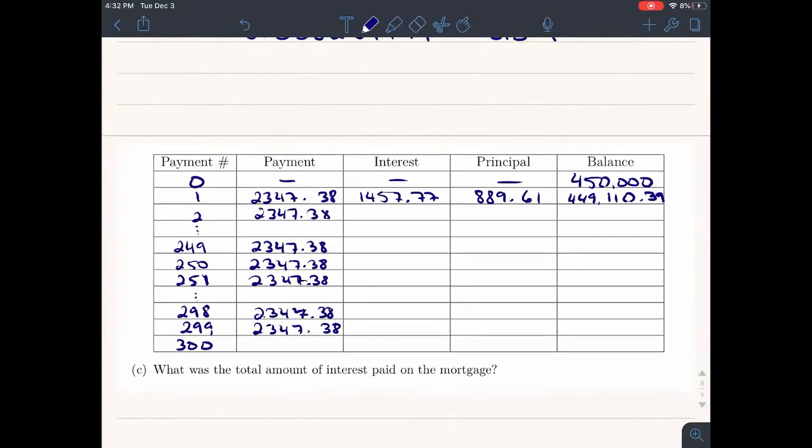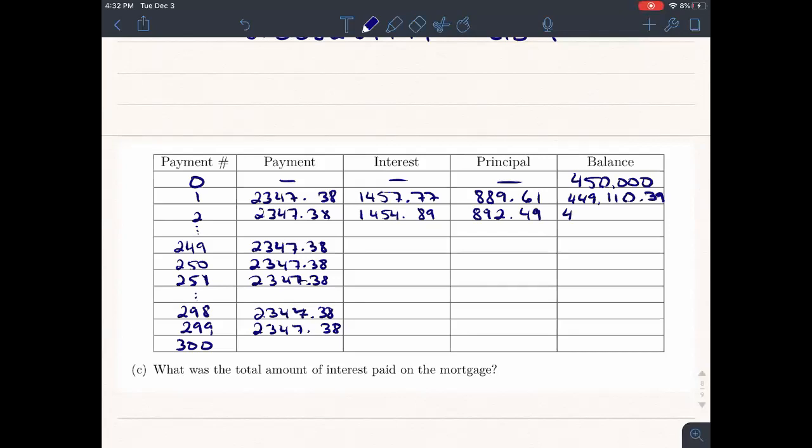And then instead of doing the calculations, I'm just going to give you the values for the next row in the interest of time. 1454, and you can check your work. 892.49.